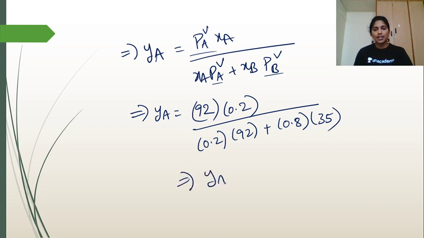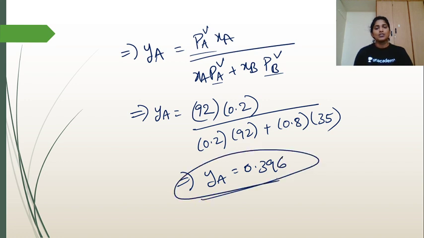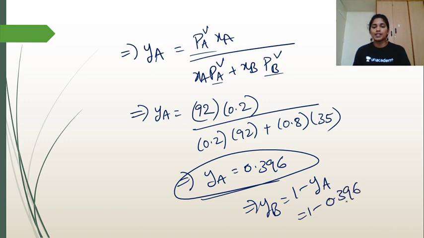So from this YA is equal to 0.396. So that means the mole fraction of benzene in equilibrium with the second component is 0.396. Similarly, YB is equal to 1 minus YA, which is 1 minus 0.396, so from this we get 0.604.